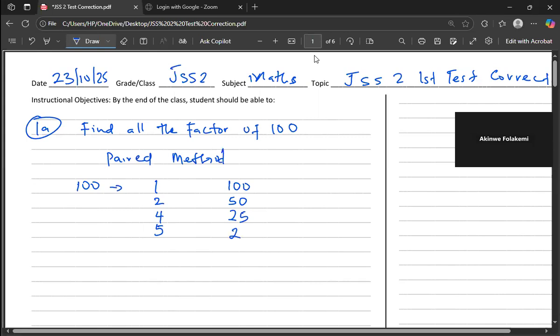That's lovely, 20 times. So after 5 is 6. Does 6 go in 100? No. Okay. After 6 is 7. Does 7 go in 100?